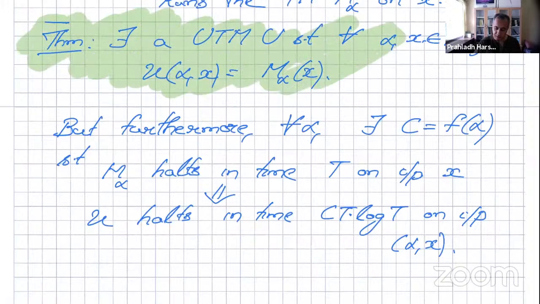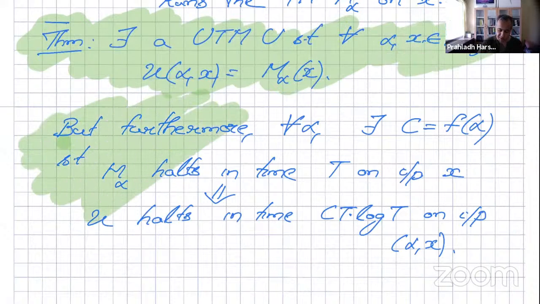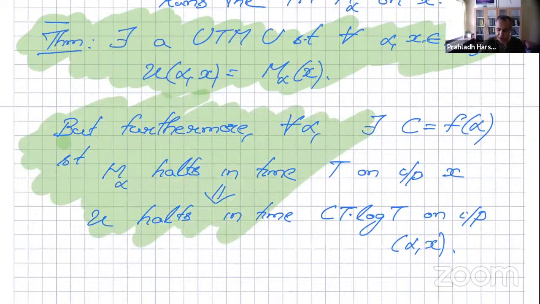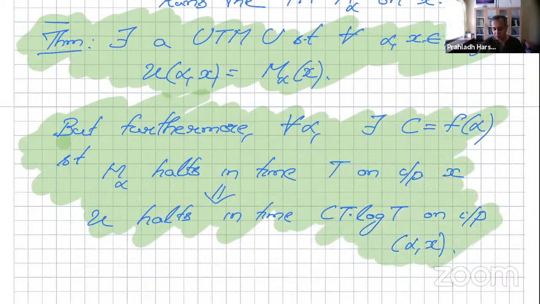Yeah, this is a mouthful. Let's parse it. The first part is what we said before. The second part states that the universal Turing machine, when simulating the Turing machine M alpha, doesn't take significantly more overhead. If the original machine took t, this takes only t log t. Notice that this constant c could depend very badly on alpha, but it doesn't depend on x.